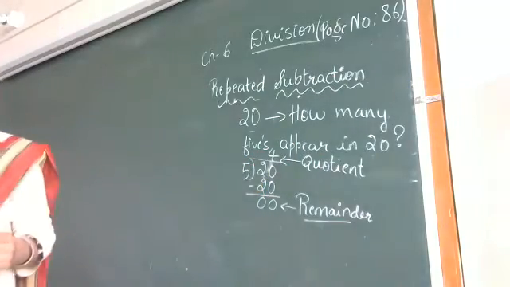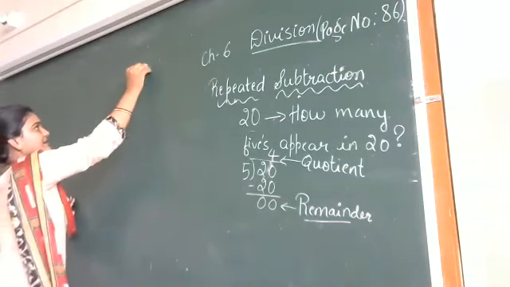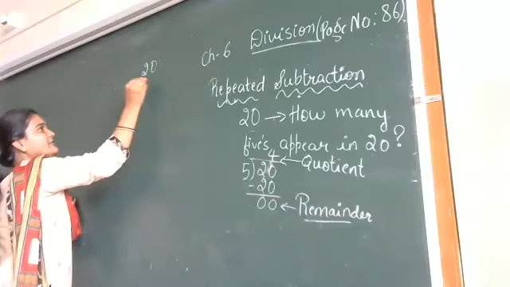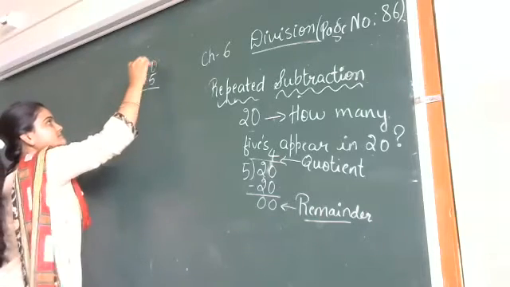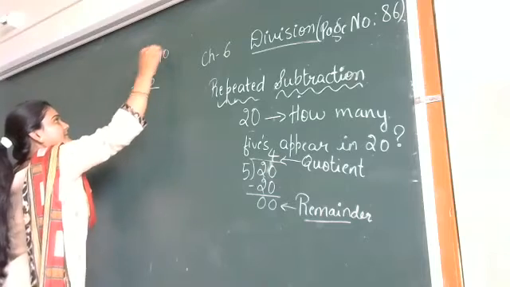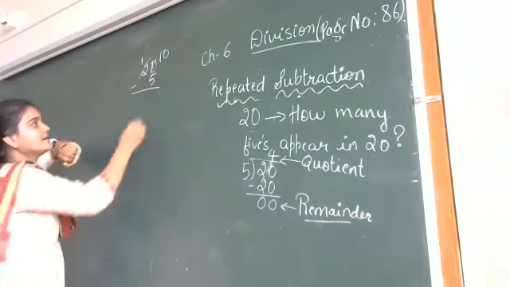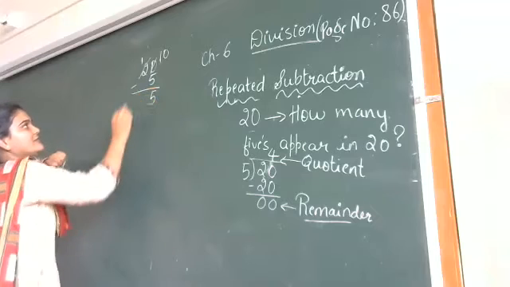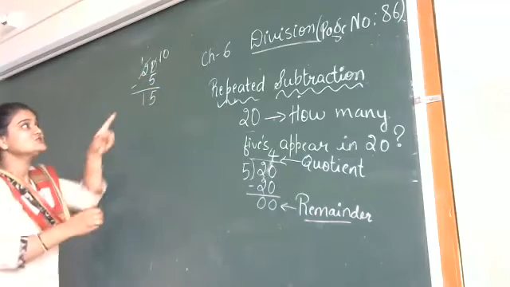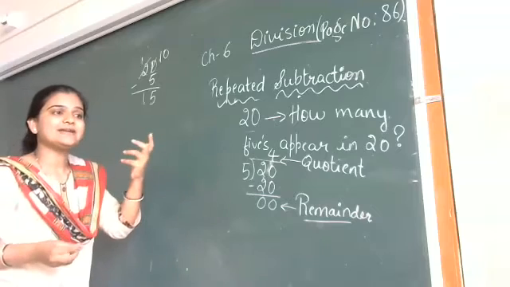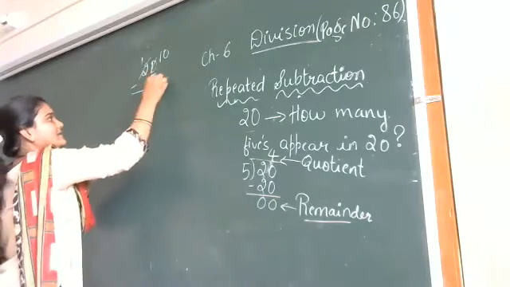Okay, now tell me, children, 20, if you subtract 5 from it. See here, 20 you have, and if you subtract 5, what do you get? 15. So here how many times did we subtract? We have subtracted 1 time.